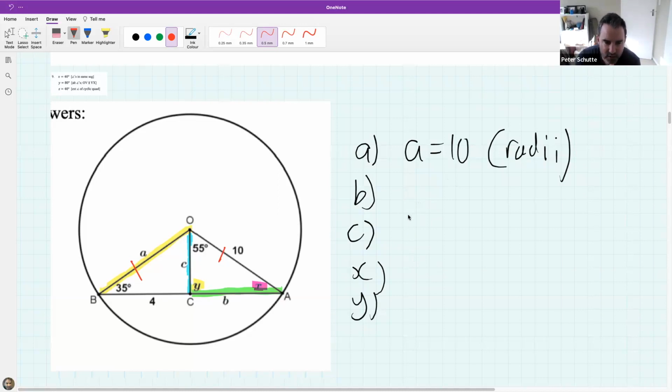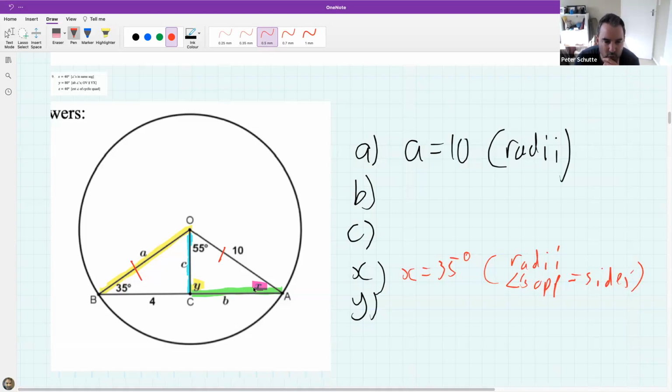So I think we have to try, what do we know for sure here? Well, we know that X is 35. The reason we know that X is 35 is also radii, or we can say angles opposite equal sides.